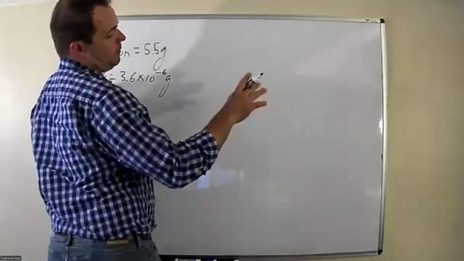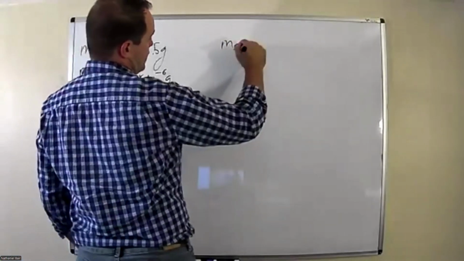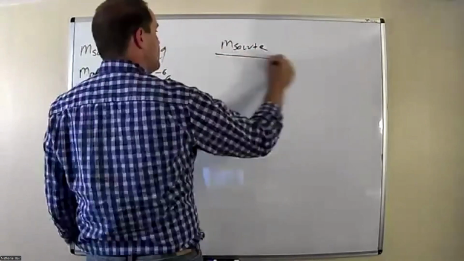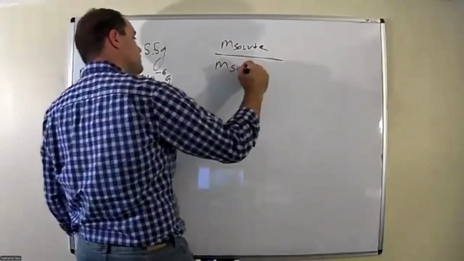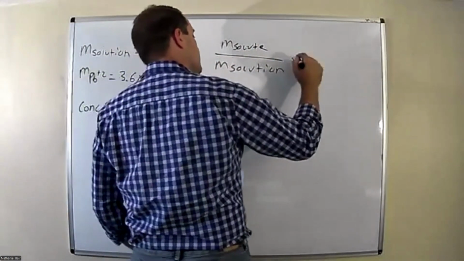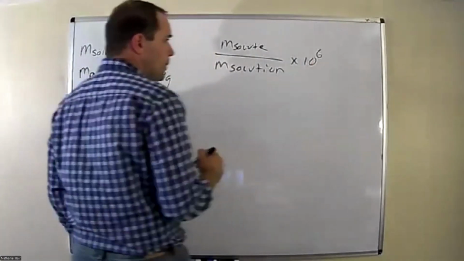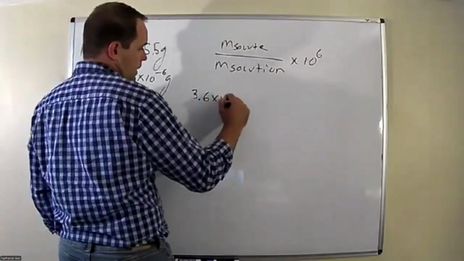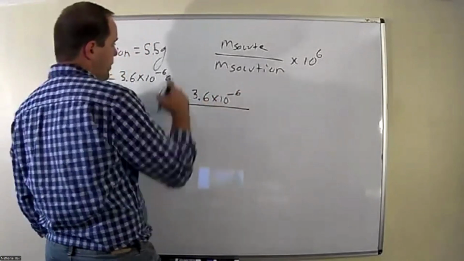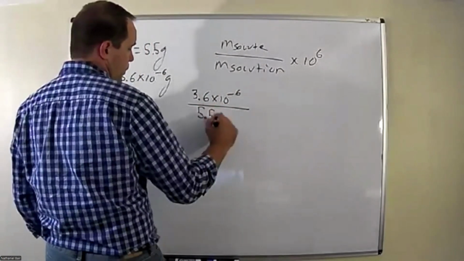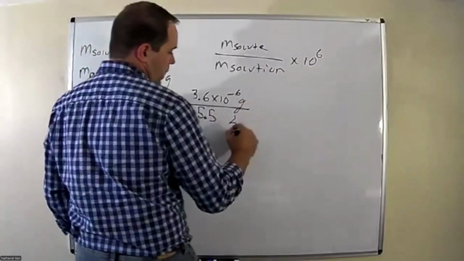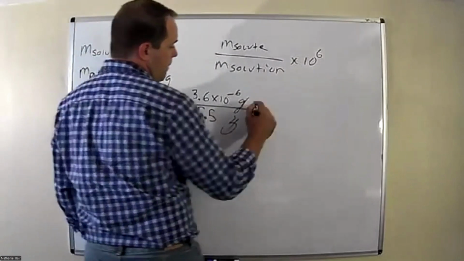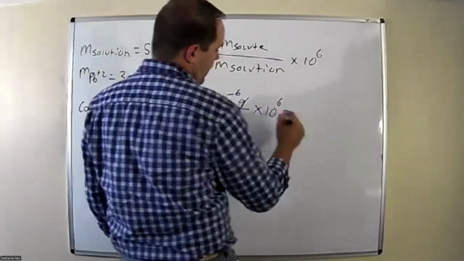So for this problem, it's going to be the mass of the solute divided by the mass of the solution, and then times a million. So we take the mass of our solute, 3.6 times 10 to the negative 6, divided by the mass of the solution, 5.5. They're both grams, so they cancel out, right? And then we multiply by a million.